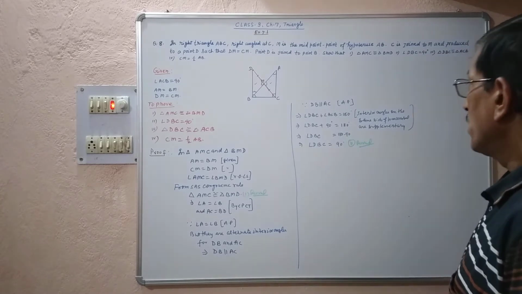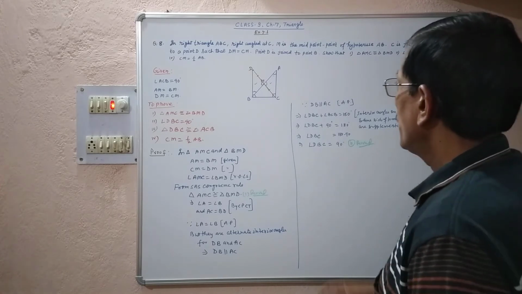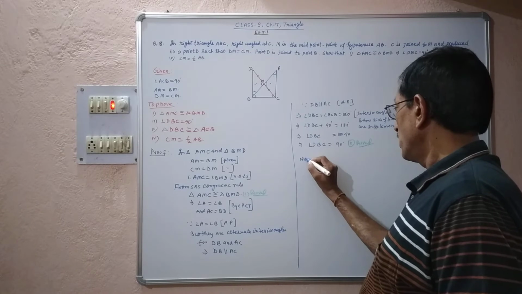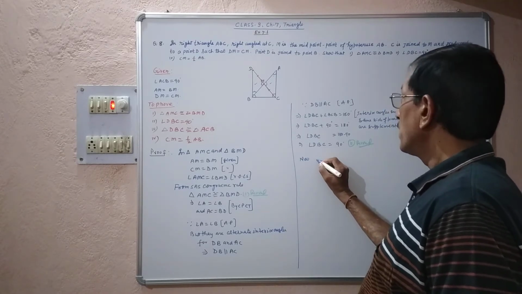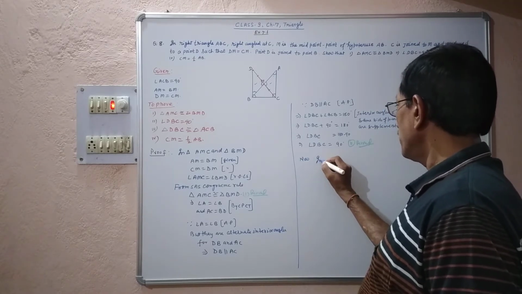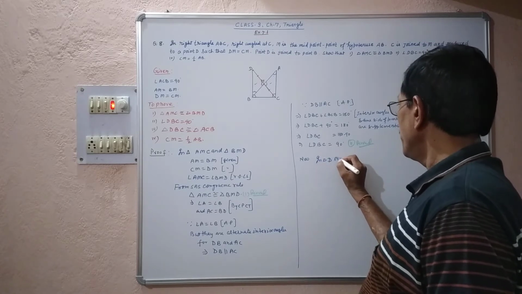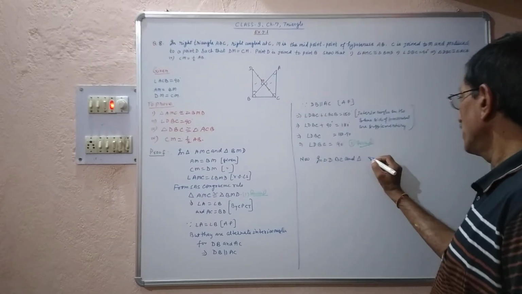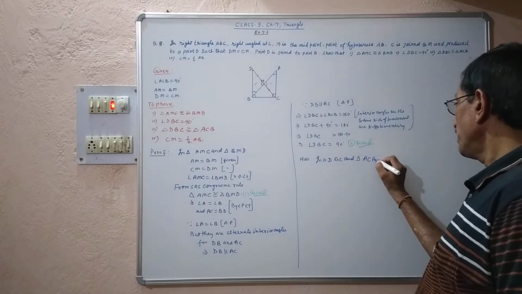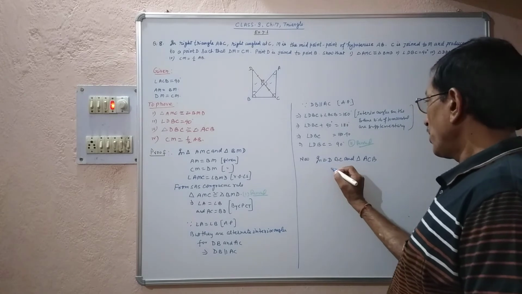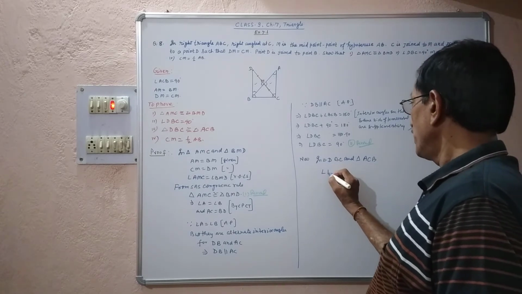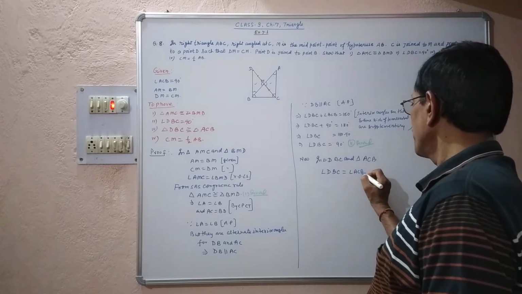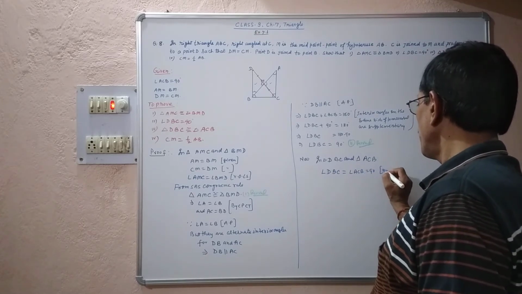Now we take triangle DBC and triangle ACB. We are looking here, angle DBC is equal to angle ACB equal to 90 degrees. Above proved.